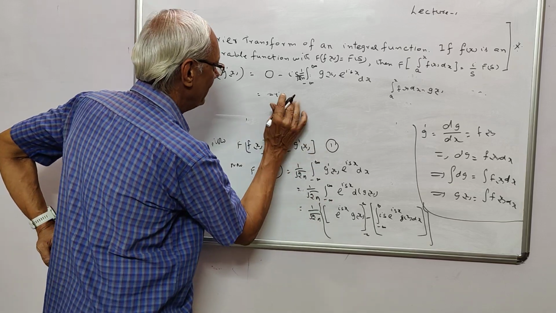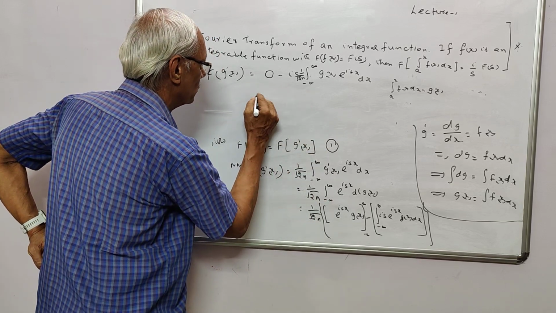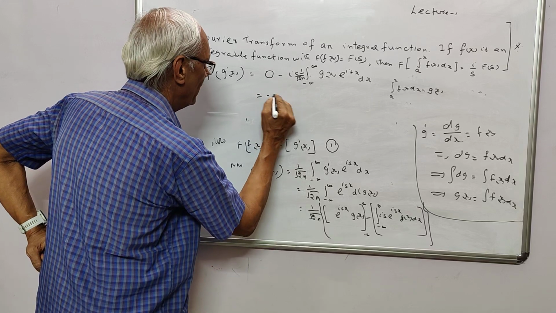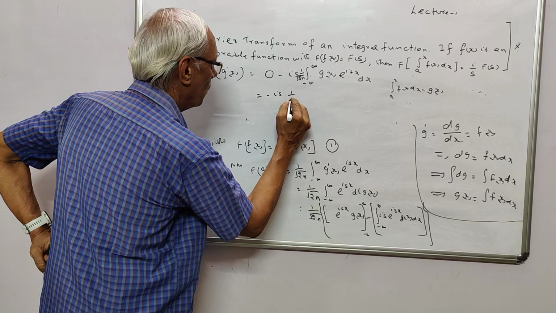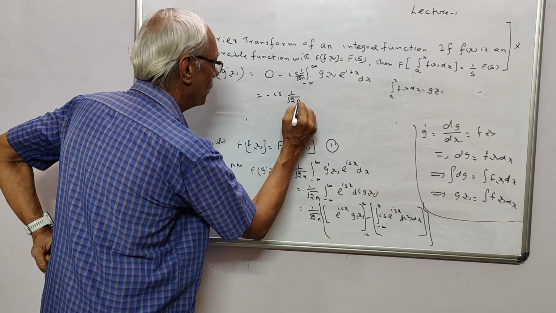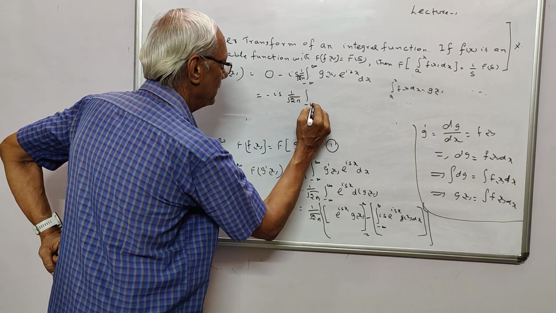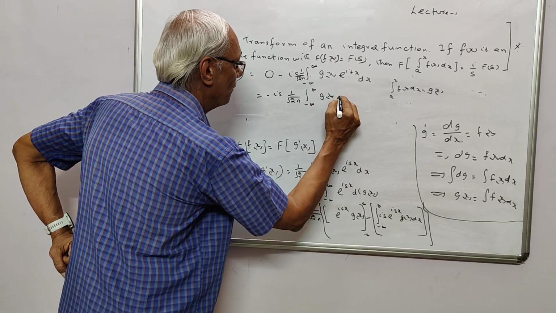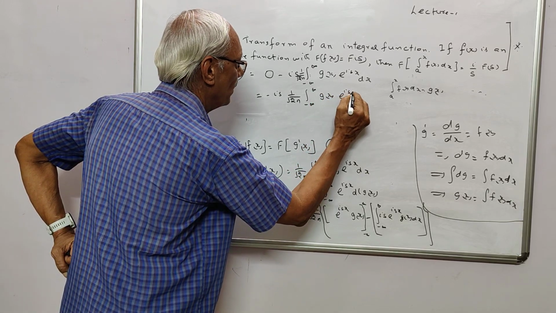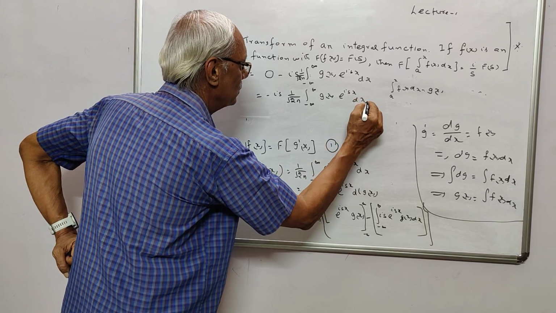So you see that I will rewrite this. So this will be equal to 0 minus is, 1 by square root of 2 pi, integral from minus infinity to plus infinity g of x e to the power of isx into dx.